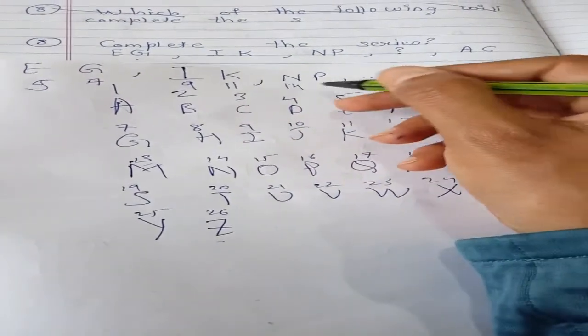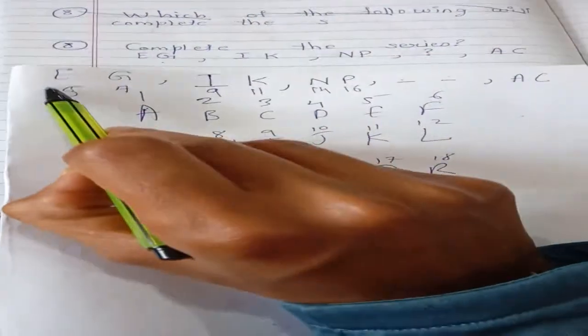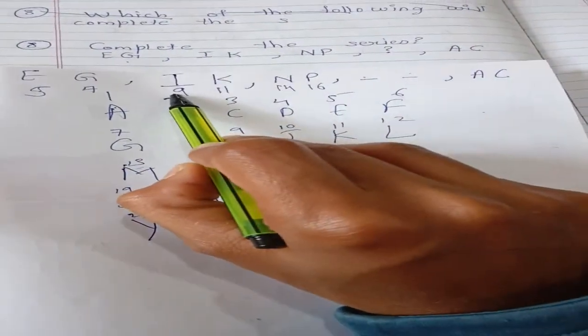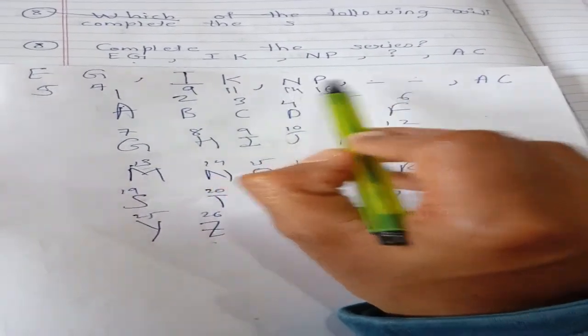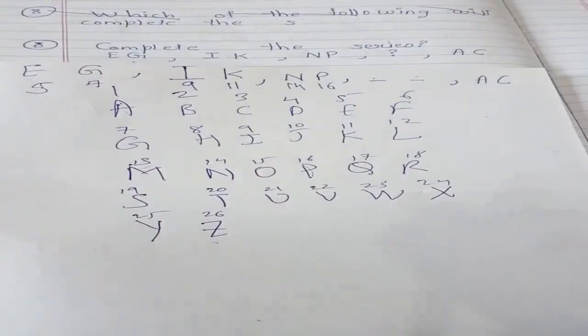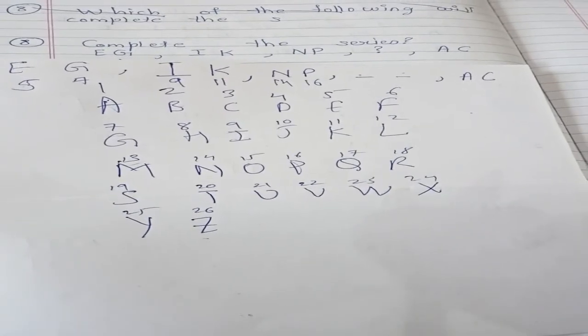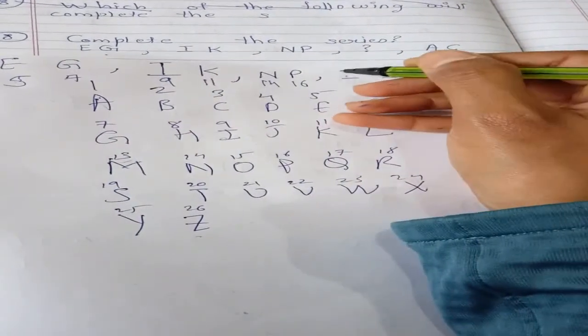P is 16. So you observe one pattern. 5 plus 4 is 9. 9 plus 5 is how much? 14. So here it should be what? 14 plus 6. What is 14 plus 6? It is nothing but 20, and 20 corresponds to T.